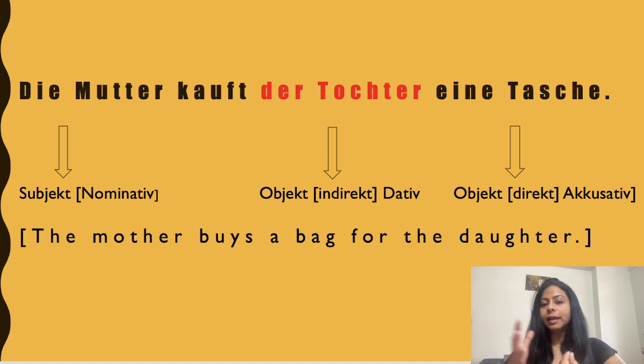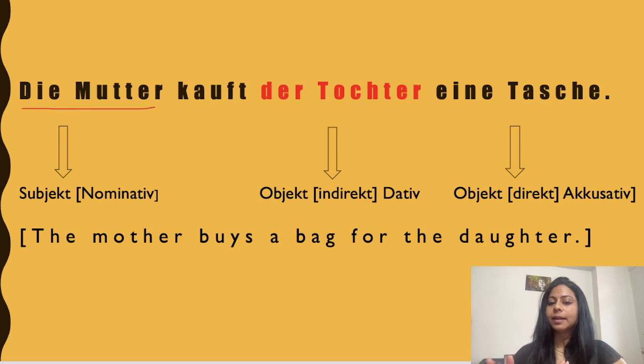To analyze it more clearly, the Mutter is the subject, which is nominative. We break the sentence down into nominative, accusative and dative, because we have already covered nominative and accusative. So everything is interconnected. It's not that if we are doing dative case here we have to forget nominative and accusative.